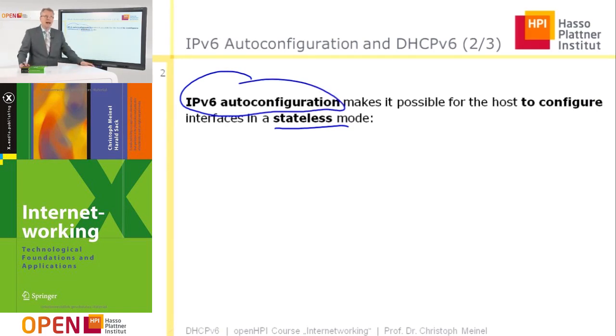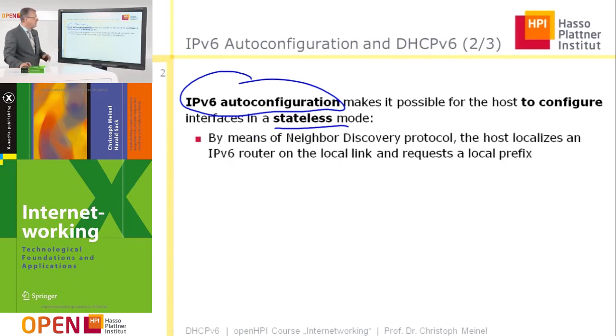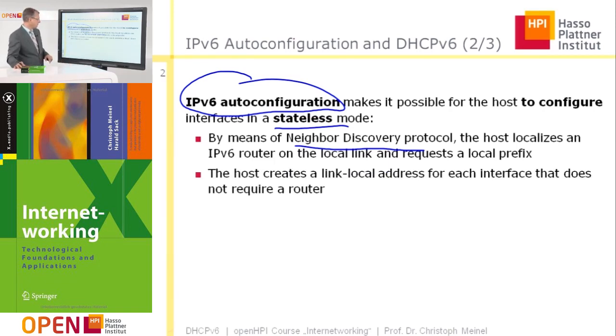In contrast to the mechanisms in IP version 4, it makes it possible for the host to configure an interface in a stateless mode. The host is using the NDP protocol, the Neighbor Discovery Protocol, which helps the host to localize an IP version 6 router in the local IP version 6 link and to request the local prefix.